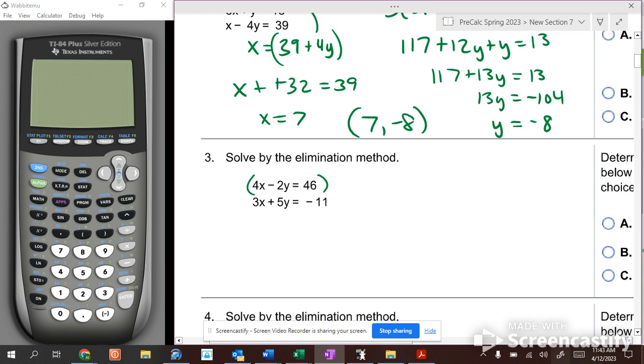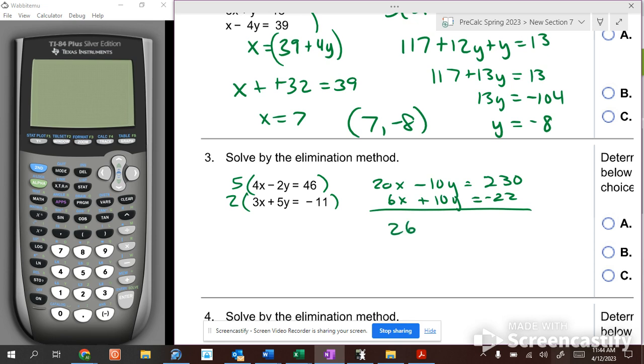Multiply the top row and the bottom row by numbers to eliminate a variable. We're going to multiply the top row by 5 and the bottom row by 2 so we can create opposites out of our y's. So 20x minus 10y equals 230. And then 6x plus 10y equals negative 22.